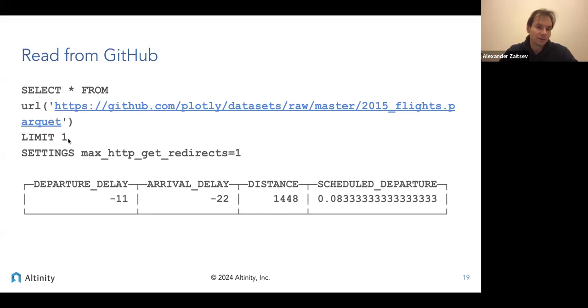I can query the first row from GitHub and see the result. Very easy. The max HTTP GET redirects setting I had to set because apparently GitHub makes a redirect to the data itself, and by default, ClickHouse doesn't allow HTTP redirects. You need to allow it explicitly with a setting.